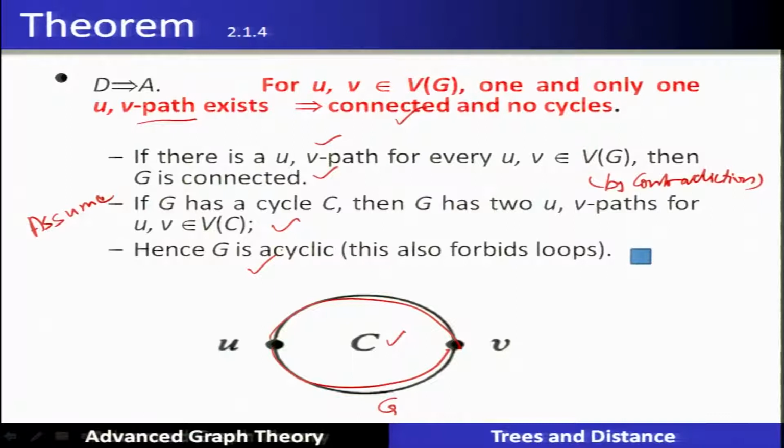Why? Because the statement of this theorem opens with the condition that there is only one u-v path. Now, with two u-v paths, if a cycle exists, this condition will be violated. Hence, by contradiction, it has only one path. If it is one path, then it is acyclic.